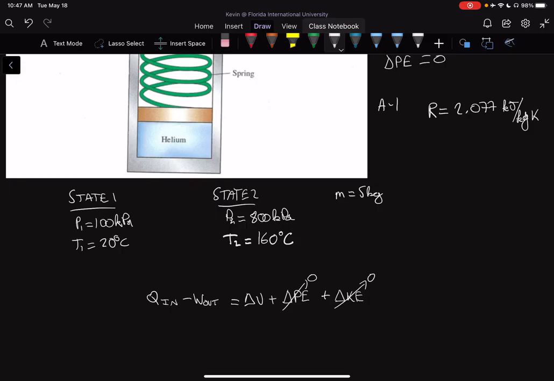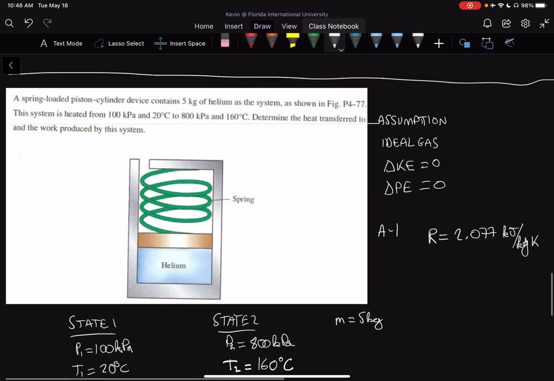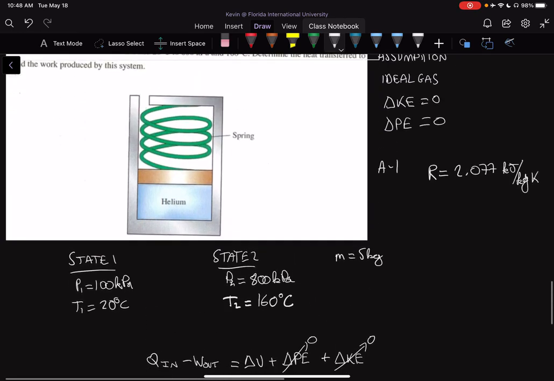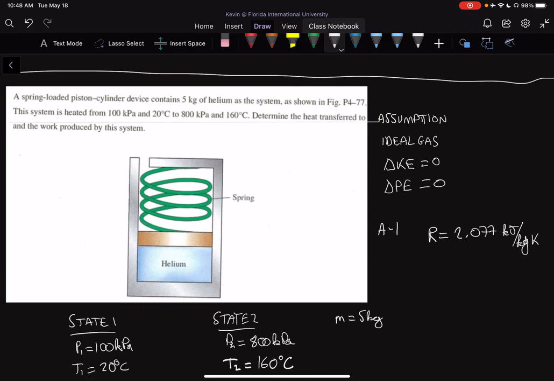Now in order to find our work boundary in this case, we remember that we have a spring. So if we have a spring, we have an equation for this work boundary. The equation is the area under the curve of our PV diagram.